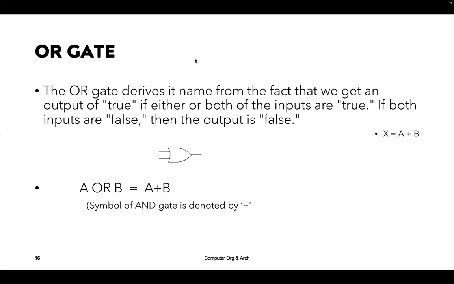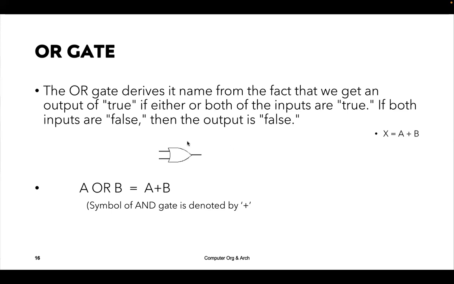I was still telling you that the OR gate derives its name from the fact that we get an output of true if either or both of the inputs are true, whereas if both inputs are false, then the output is automatically also going to be false.